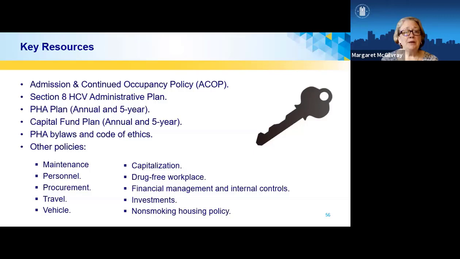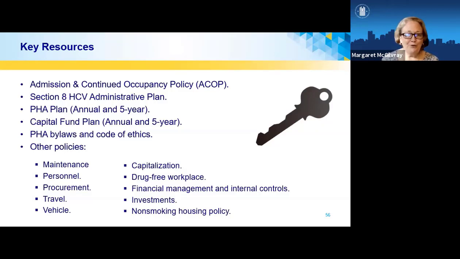And so you should be not conversant in all aspects of them, but certainly know where to refer to them as needed. Your PHA plan, which we mentioned earlier, is really your strategic plan, the place where your goals and actions for the year and then for 5 years is contained. Your capital fund 5-year and annual budget also contain how you're going to use your capital fund. So that's another key document.